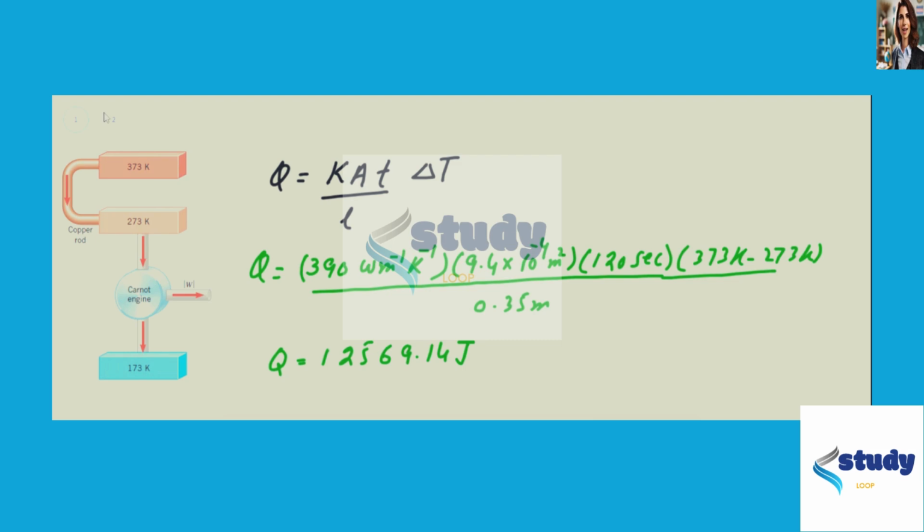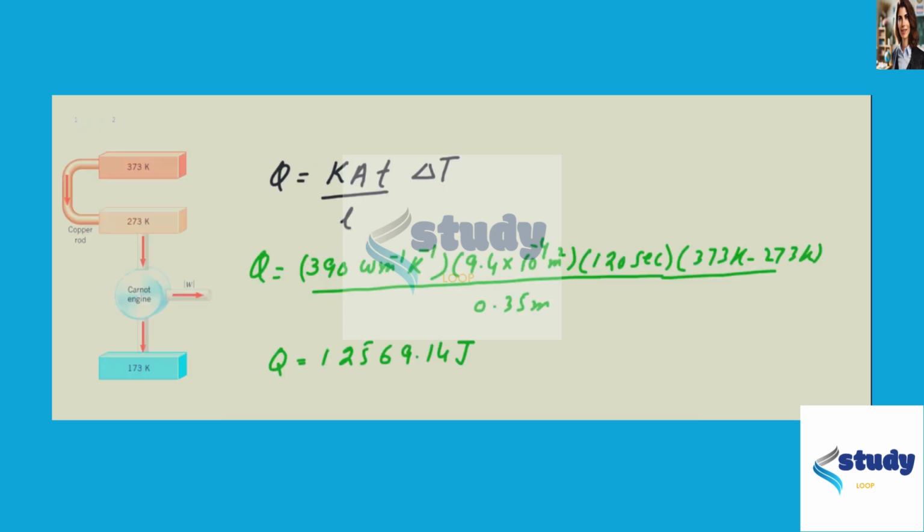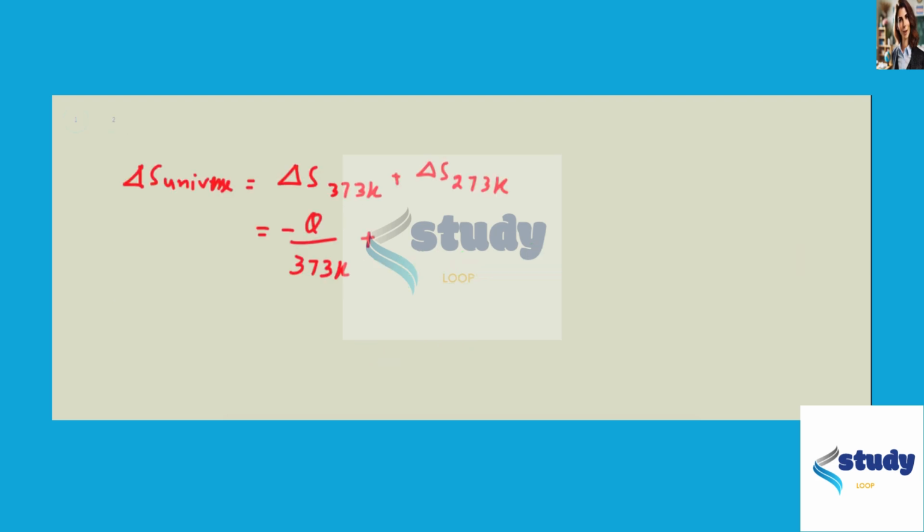That's why change in entropy will be negative upon temperature of this reservoir is 373 Kelvin plus the heat is added in the reservoir having temperature of 273 Kelvin. That's why change in entropy will be positive Q upon 273 Kelvin. This is the temperature of the low temperature reservoir.